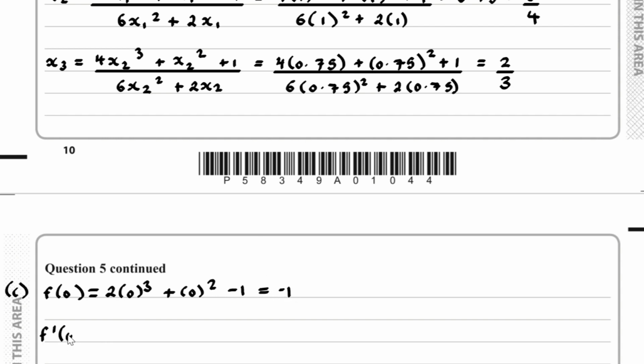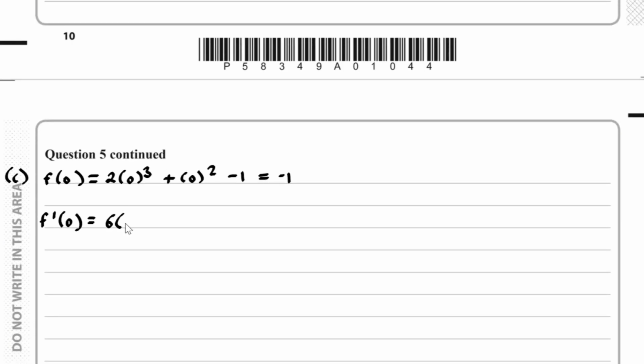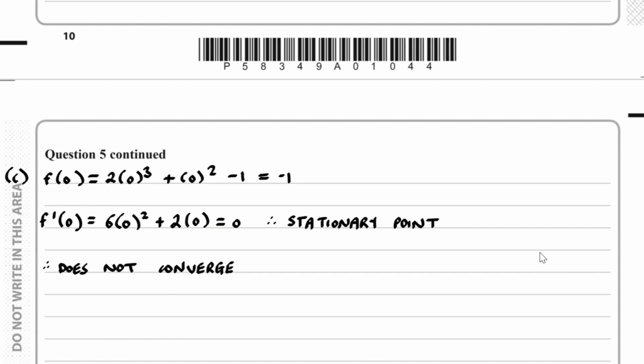And if I work out f dash of 0, then we've got 6 times 0 squared plus 2 times 0, which is 0. And because f dash is 0, we can therefore conclude we've got a stationary point, and therefore the formula does not converge.